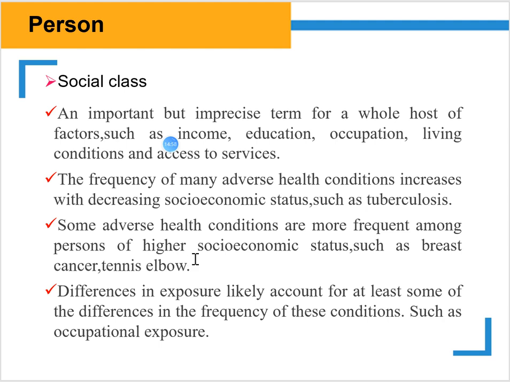Some adverse health conditions are more frequent among persons of higher socioeconomic status, such as breast cancer, tennis elbow. Differences in exposure likely account for at least some of the differences in the frequency of these conditions, such as occupational exposure. Some occupational harmful factors can cause occupational diseases.